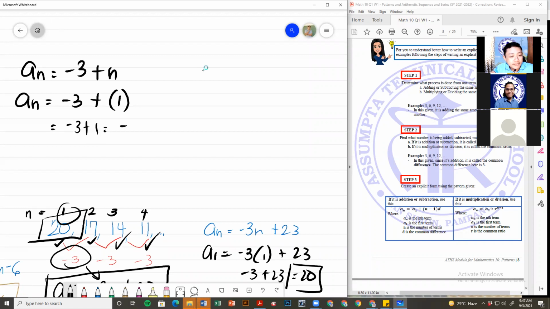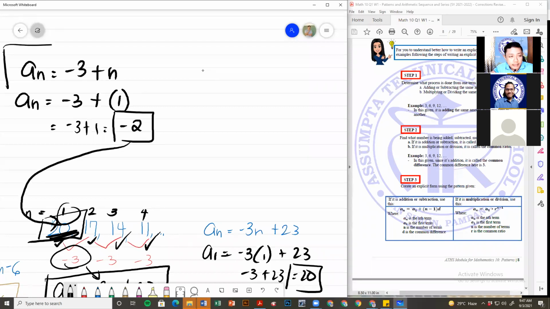That is negative 2. Is it 20? Kapag hindi nag-match sa inyong first term, your formula has incomplete components. Remember that. Kapag hindi siya nag-match kahit na isa lang sa mga terms mo, therefore, meron ka pang kulang na process. Kasi always remember, kailangan mo rin tingnan yung mga first terms ninyo.